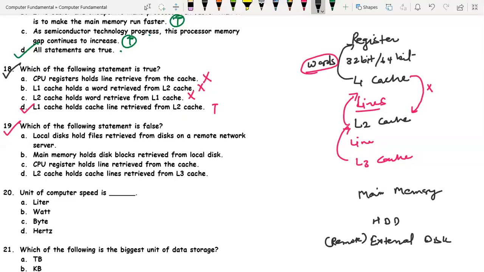Okay. So local disk holds files retrieved from disks on a remote network server. Let's see about this. L2 cache holds cache lines retrieved from the L3 cache. This is the true statement. Just see, this L2 cache holds cache lines retrieved from L3 cache. So this is the true one.